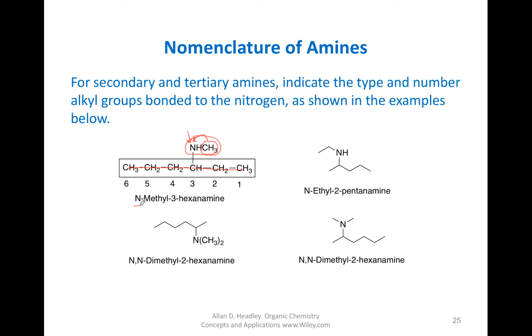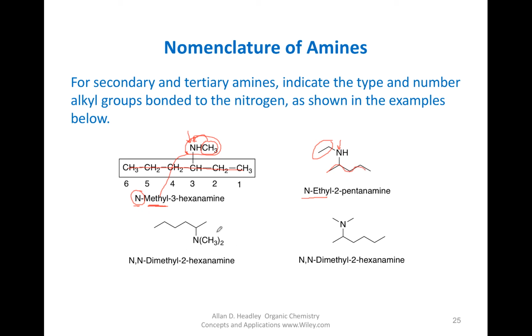So we say that it's an N-methyl. So the N here is to indicate that this methyl is bonded to the nitrogen and not on the chain. Same here. N-ethyl. The ethyl group is on the nitrogen and not on the longest chain.